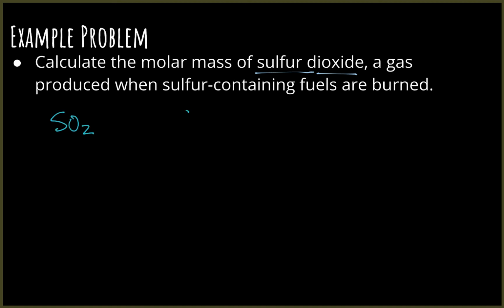The easiest way to set these up is to make a list of the elements present in the formula. Then I'm going to look at how many of each are present. So there's 1 S and 2 O's. Then I'm going to multiply that by the mass of those individual elements. That number is coming off the periodic table, and we're going to round to 2 decimal places.